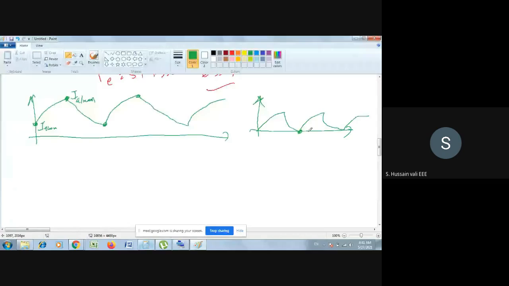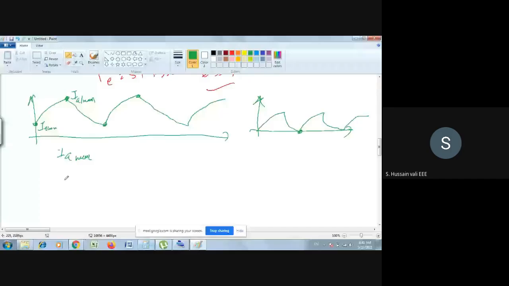We'll give a hint here. We have the I naught value, the IA max value, and the IA minimum value. These expressions we derived in the last class. Let me recall them.